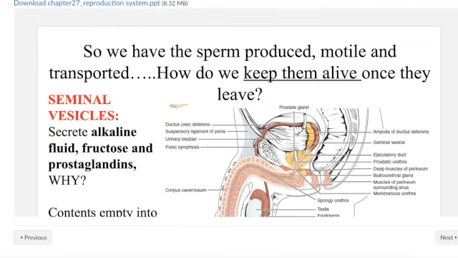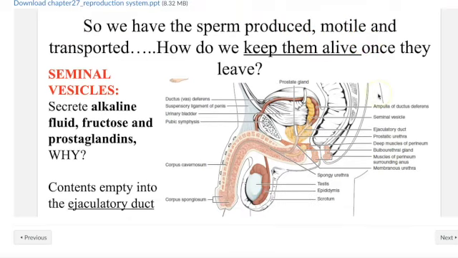Once the sperm is produced, it's motile, movable, and transported. How do we keep them alive once they leave? There's something called the seminal vesicles that will secrete alkaline fluid because the female reproductive tract is acidic.